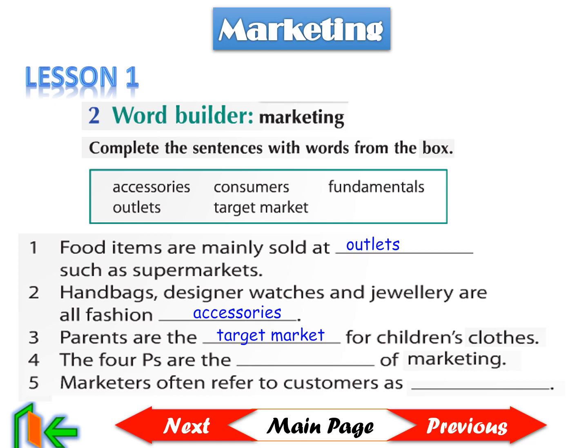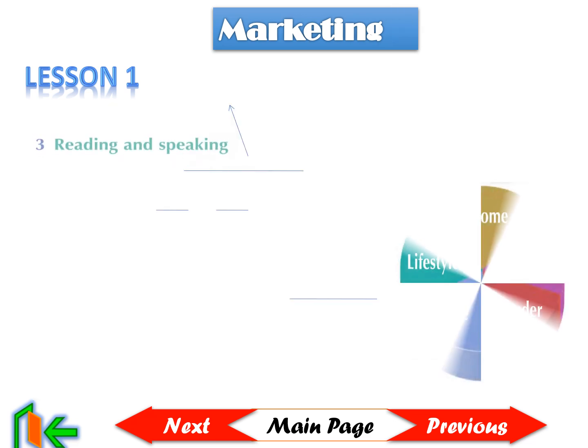I told you that the word fundamentals means the most essential, most important things. In the beginning of the video we talked about the 4 P's, and they are the fundamentals of marketing. Number 5: marketers often refer to customers as, of course it's the only one remaining, consumers. I told you the word consumer is a synonym for customers.